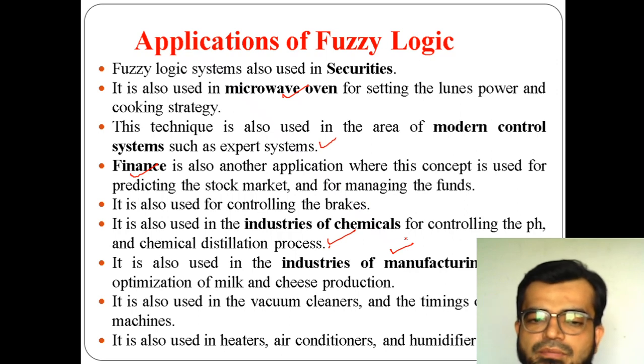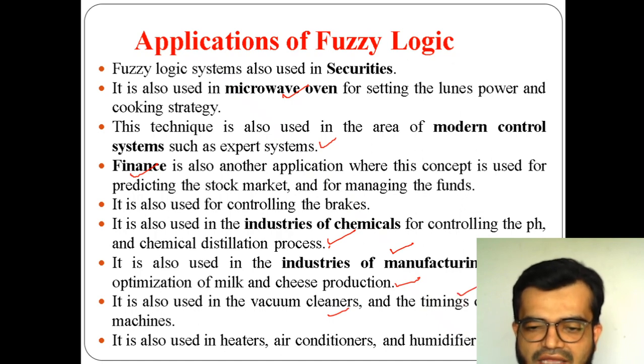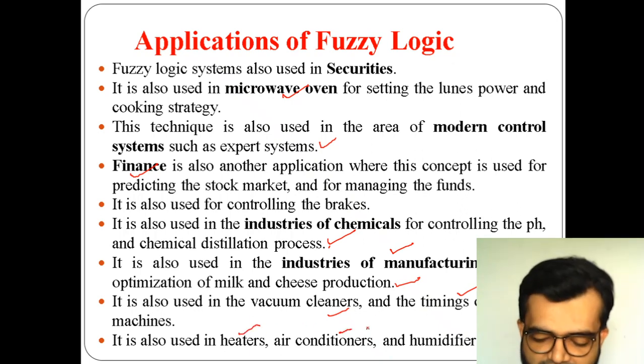The product can be optimized if you automate the production by giving more efficiency to it, such as in dairy products. Also it will be used in vacuum cleaners and washing machines. I gave you an example. It is also used in heaters. All these are home appliances, ACs and humidifiers.